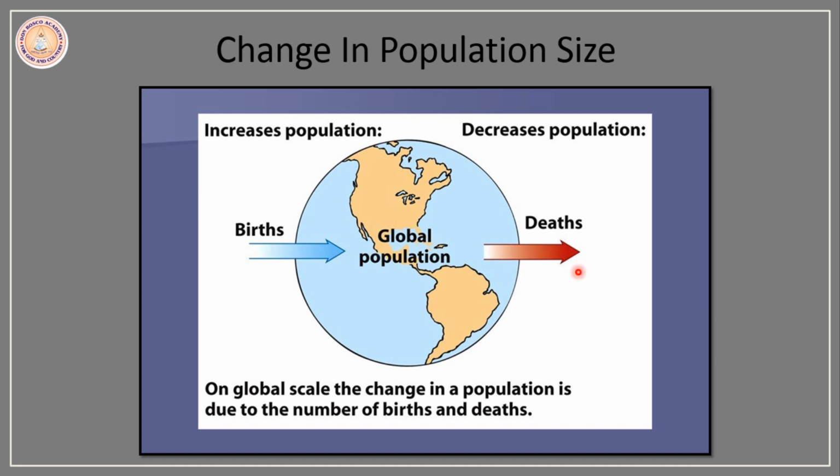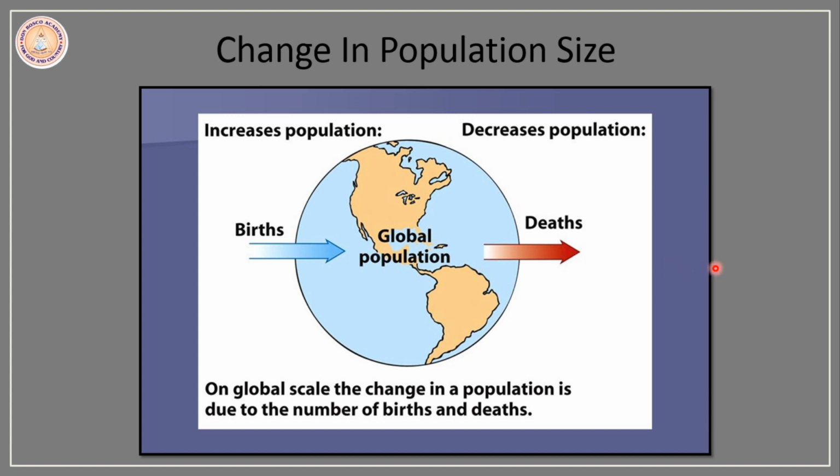The number of live births, please remember to use the word live, per 1,000 people in a year is called the birth rate, while the number of deaths per 1,000 people in a year is called the death rate. The difference between these two rates gives the natural increase of the population growth.